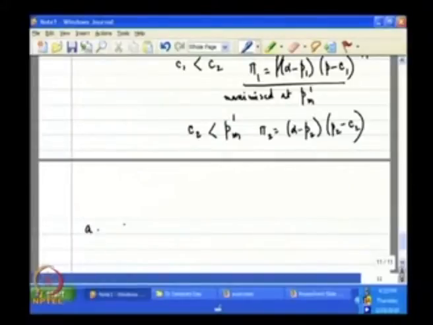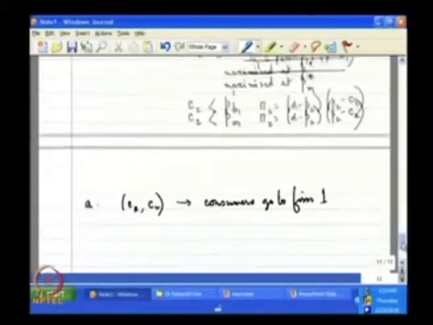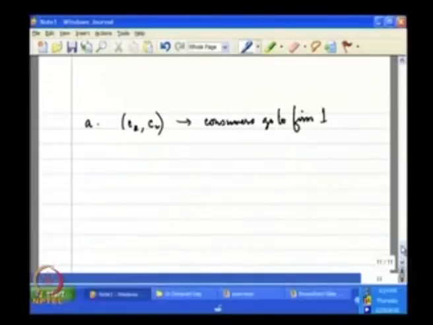So, what is being said is that if C2 is the common price charged by the two firms, then all consumers go to firm 1. So, firm 2 does not get any part of the market.